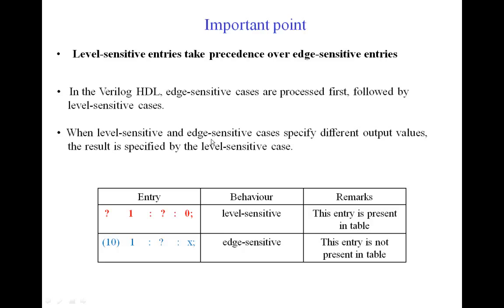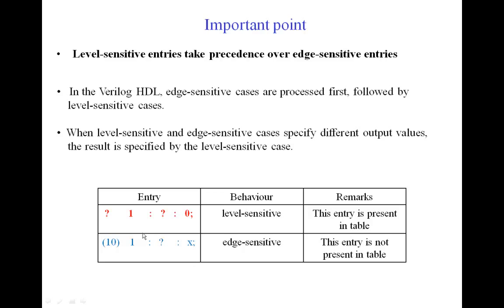When level sensitive and edge sensitive cases specify different output values, the result is specified by the level sensitive case. So level sensitive has overridden the edge sensitive. That's why level sensitive got precedence over edge sensitive.